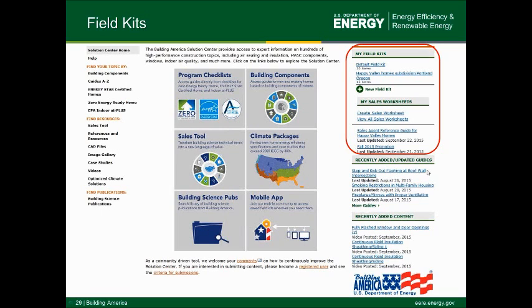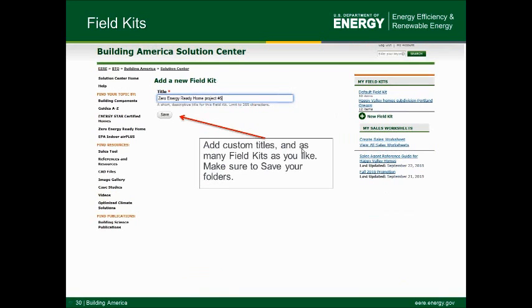So to create a new field kit, you hit the little addition button, and that will take you to a form that looks like this. It says add a new field kit, and you must give your field kit a title, which will then appear over here on the right.